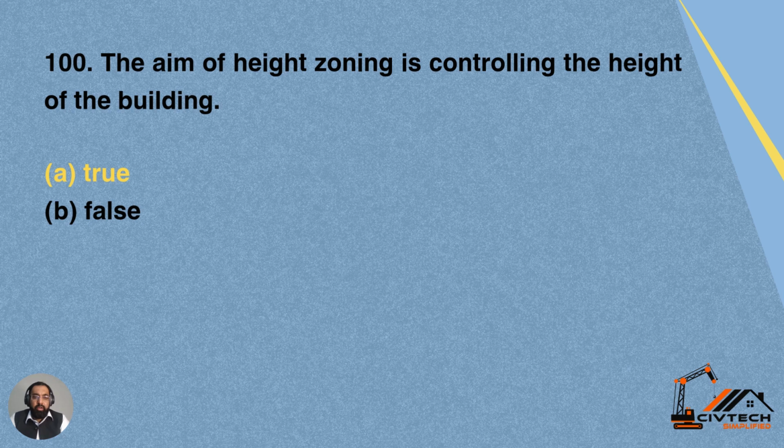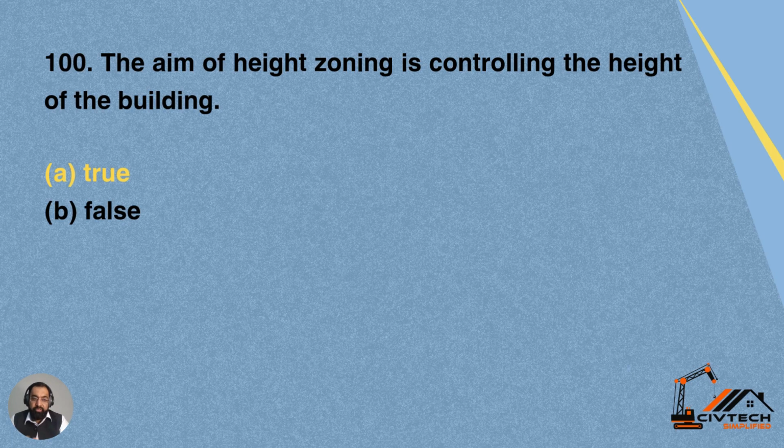Question 100, which is the last question for today, as well as the last question for this topic. The aim of height zoning is controlling the height of buildings in a town. A, true or false? Yes, it is true. The height zoning is basically made or planned just to have a controlled height of the buildings.